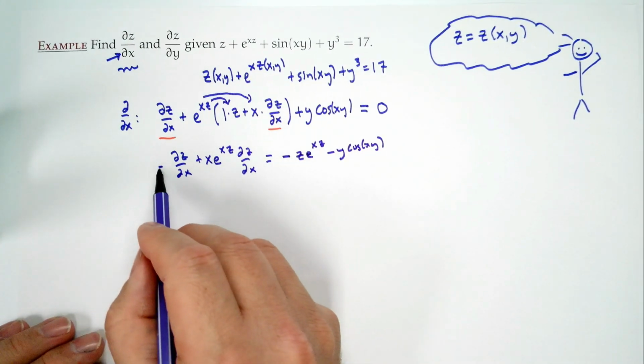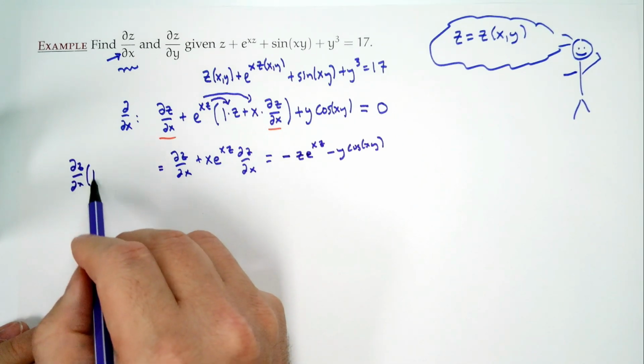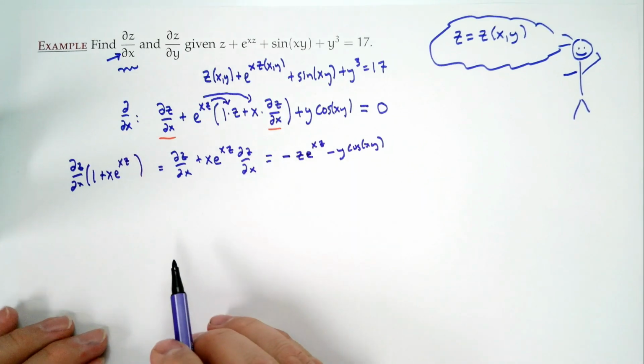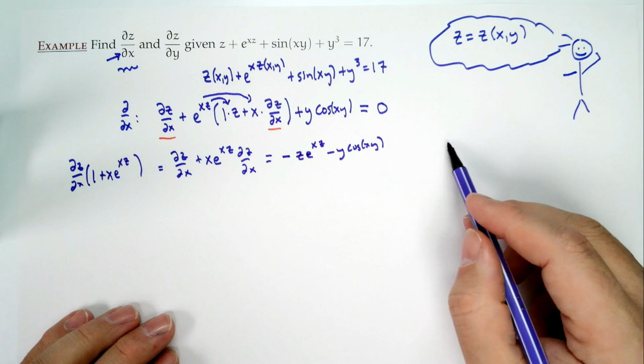So the partial z partial x, okay, we can factor that out. Partial z partial x, 1 plus x e to the xz. And finally, we want the partial z partial x by itself.